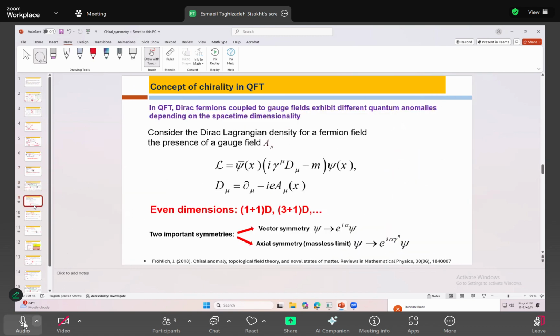Now, the question is, when we think about even dimensions, in relation to what I said, what kind of interesting physics may appear in the context of condensed matter and topological materials?